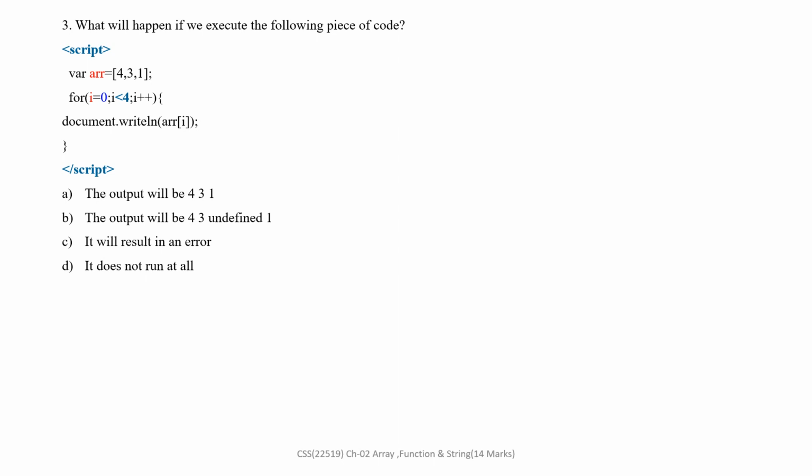The options are: the output will be 431, the output will be 43 undefined 1, it will result in an error, it does not run at all. The answer is the output will be 431.